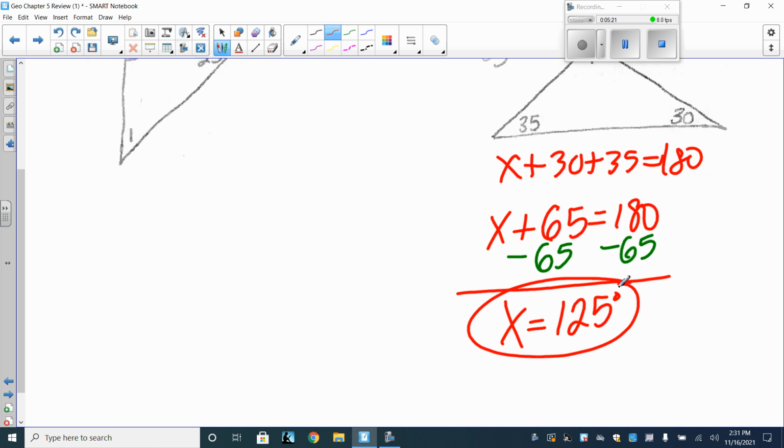Do we have to put the degrees? No. But how would we classify this triangle by its angles? It would be obtuse, because we do have one angle that is greater than 90. Because if it's obtuse, you have one angle greater than 90. If it's right, it has one angle that is equal to 90 degrees.